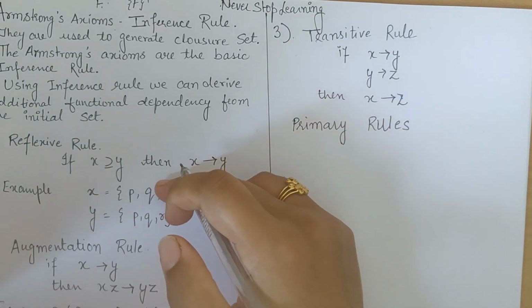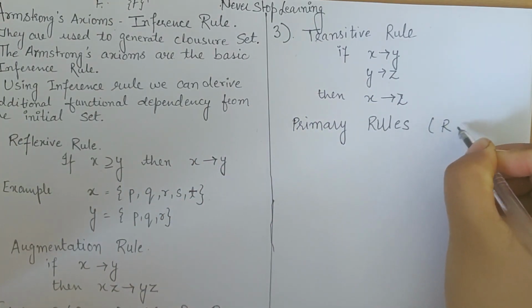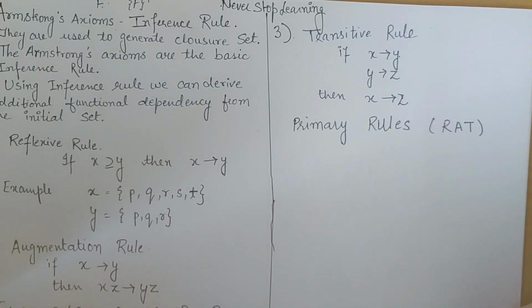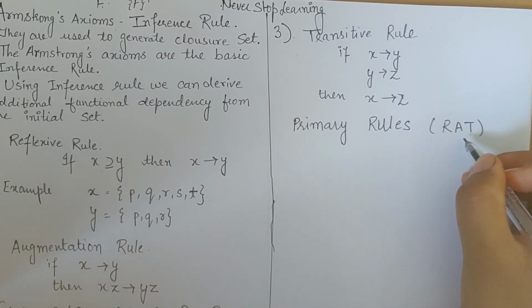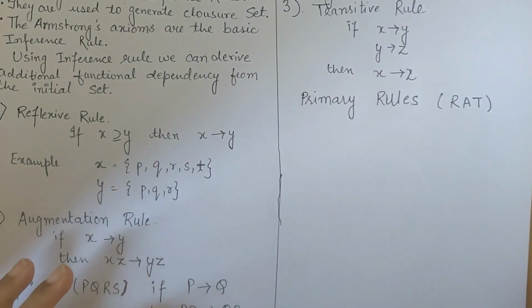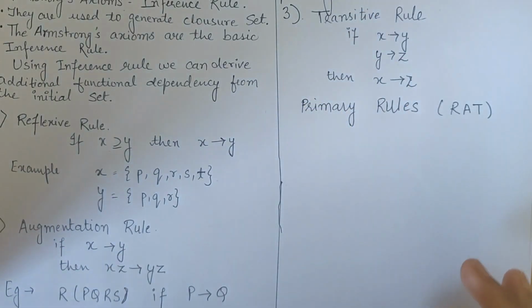And because they are reflexive, augmentation and transitive, in a few books the primary rules for Armstrong axioms are called RAT. R for reflexive, A for augmentation and T for transitive. So these are the three primary rules for Armstrong axioms.